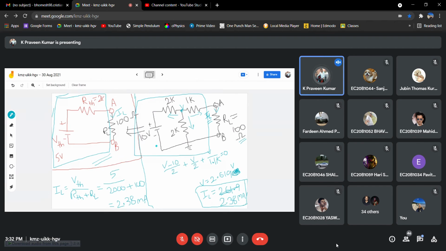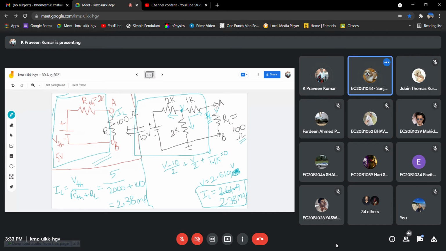Whatever circuit we have taken, if you replace it with its Thevenin equivalent, that voltage will not be the same. We won't get the same 10 volts at the terminals. We are replacing the equivalent voltage and equivalent resistance at the terminals A and B. Instead of this complex circuit, we are replacing it with a single voltage source and a single resistance.